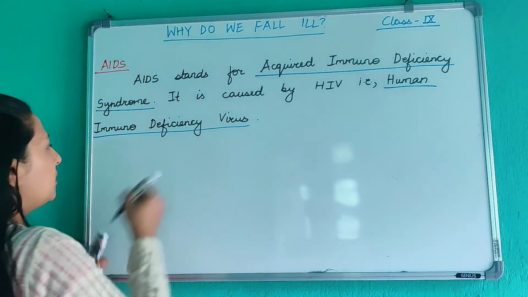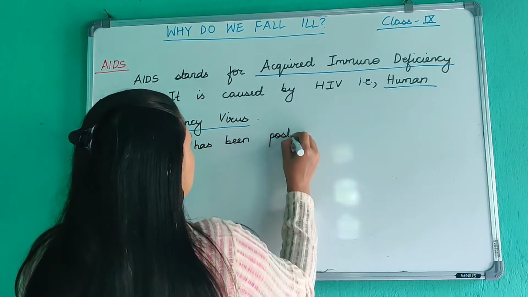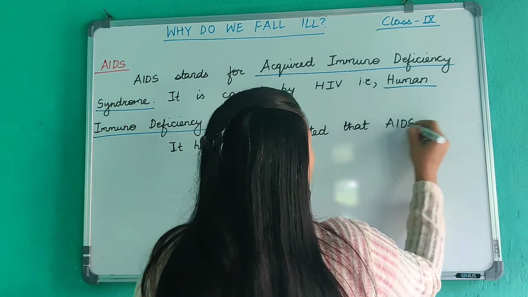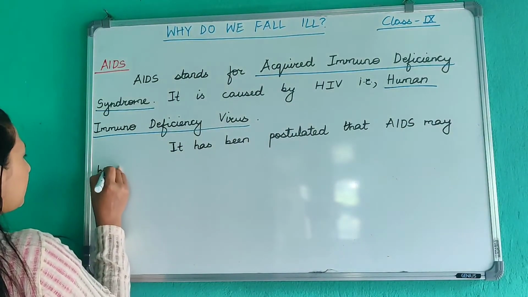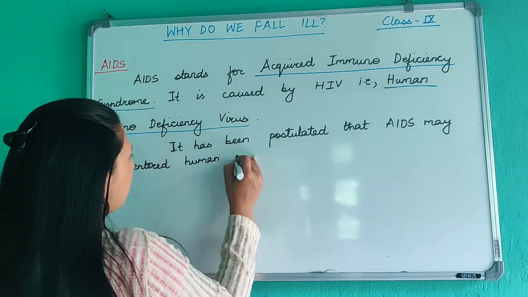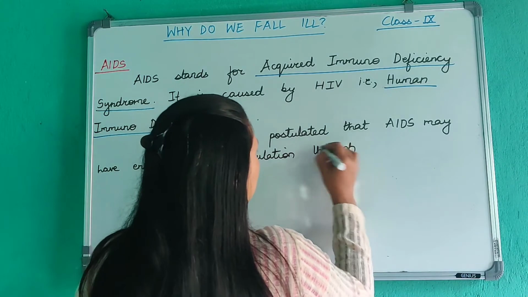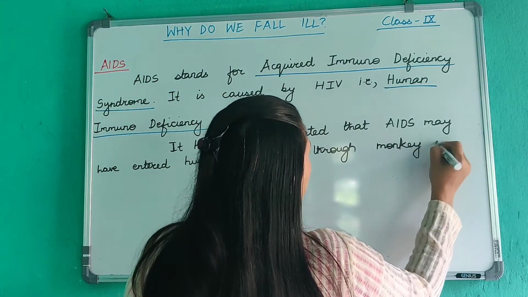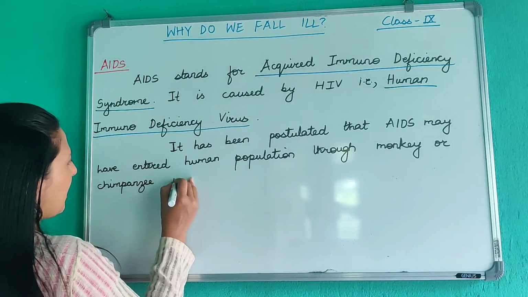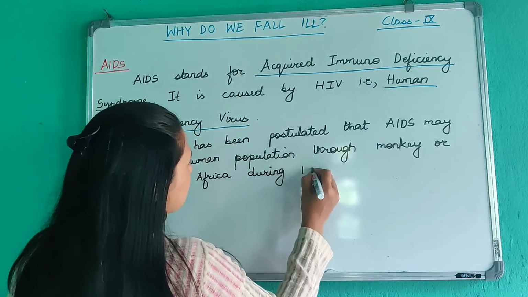Okay, so it has been postulated that AIDS may have entered the human population through monkey or chimpanzee in Africa during the 1960s.